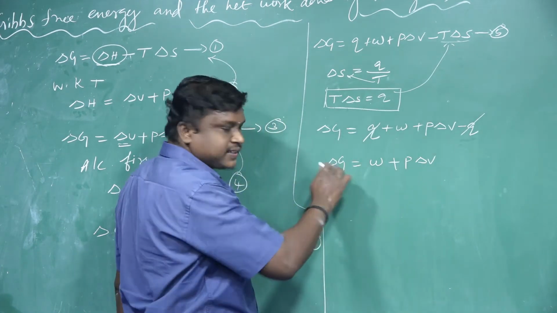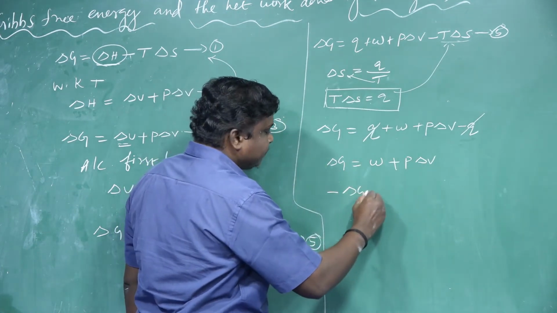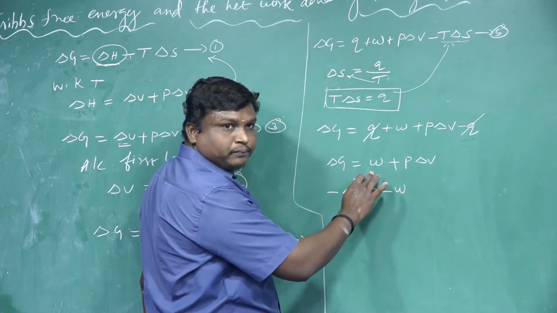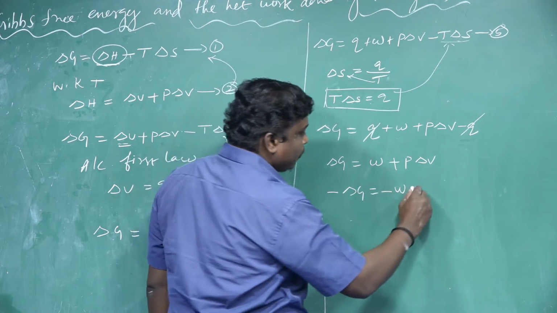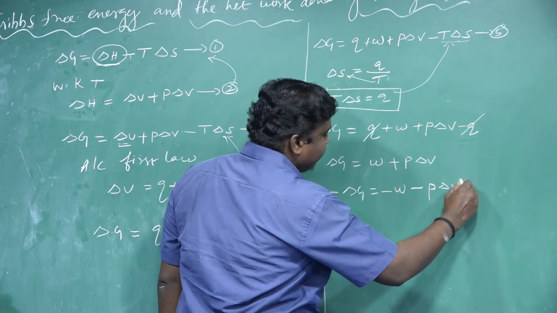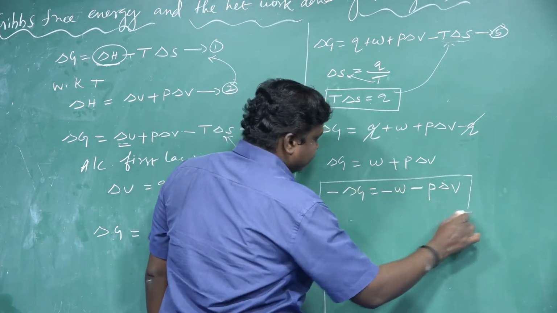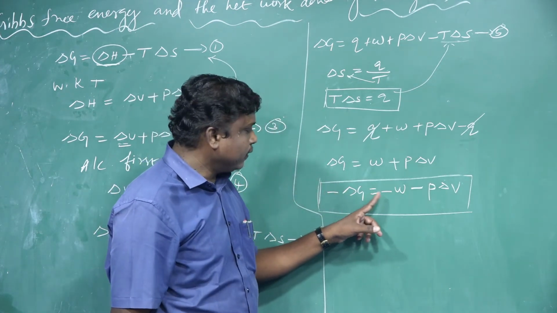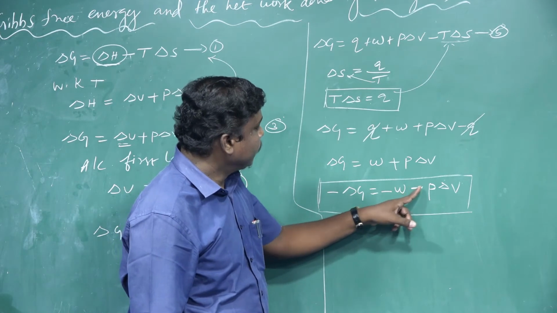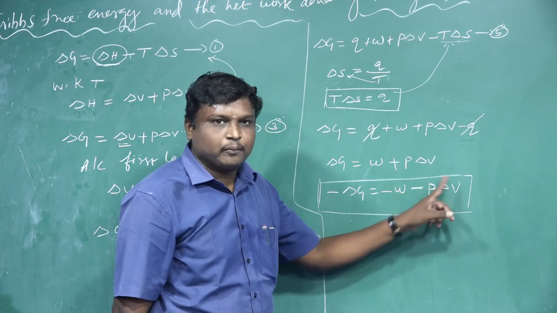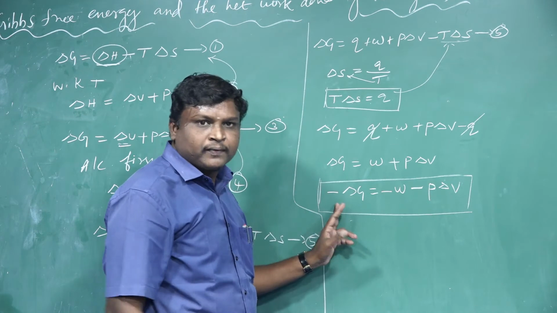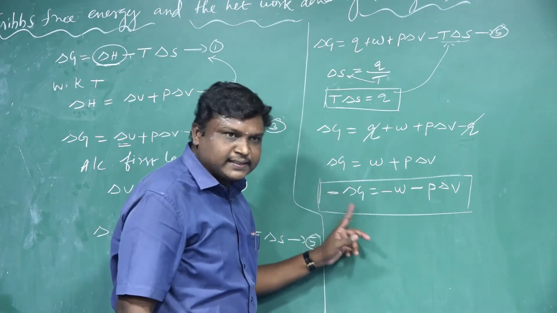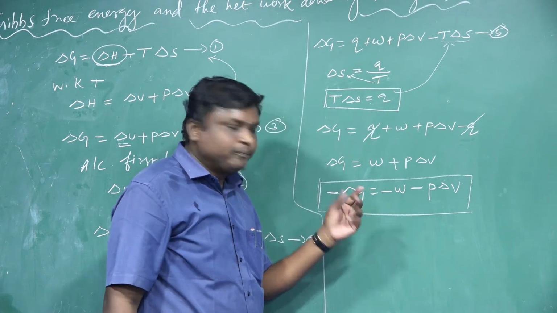We can change the sign. So minus ΔG equals minus W minus PΔV. Here the ΔG value decreases.